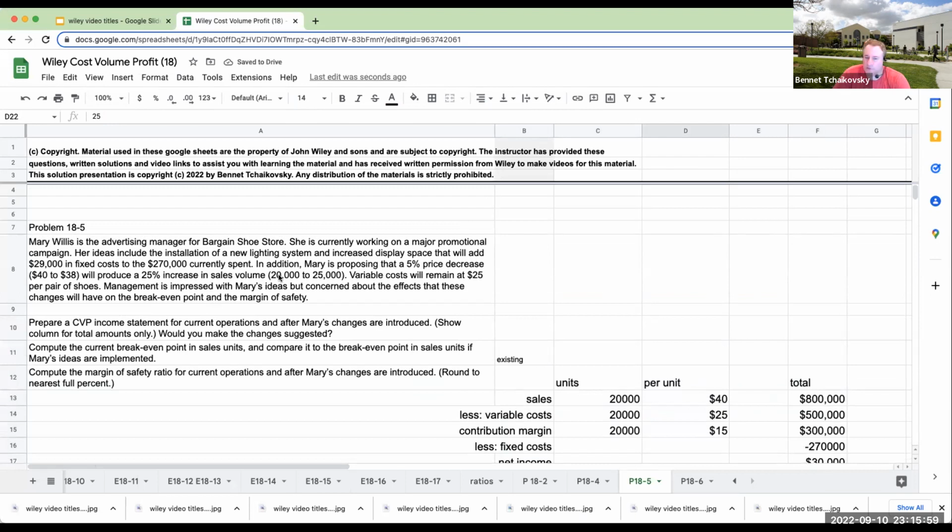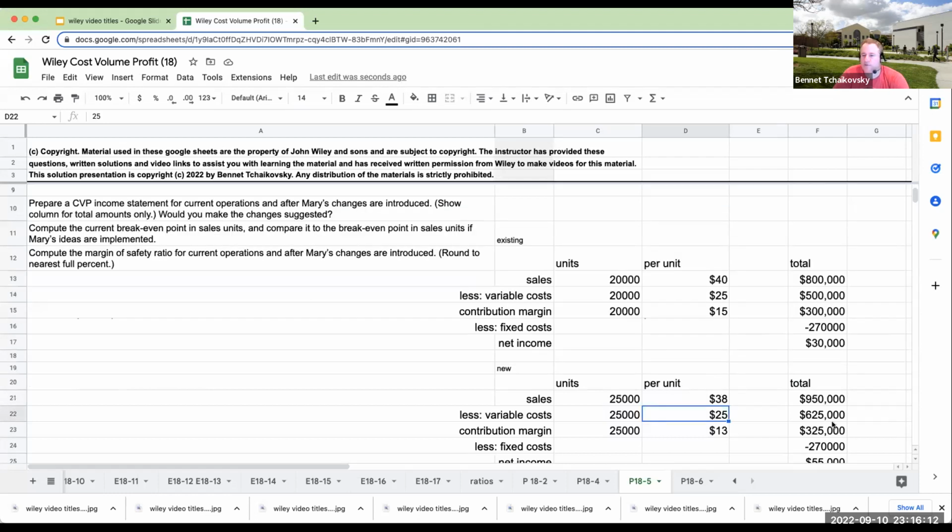Variable costs remain the same, but our fixed costs, because of the increased display space, increase by $29,000, from $270,000.